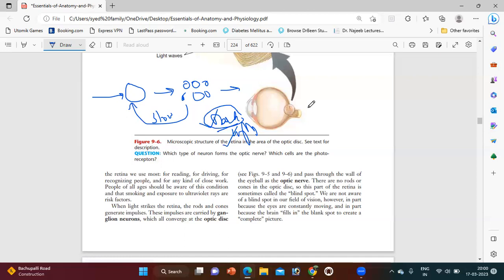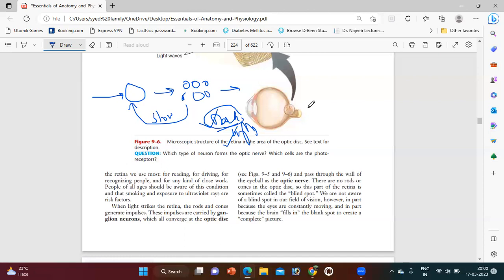Again, in the light, in a bright visual field, what will happen? Suddenly someone wakes you up, and again you want to see your outer environment. What will happen? Bright things will enter into your eyes, and it will break down the rhodopsin.